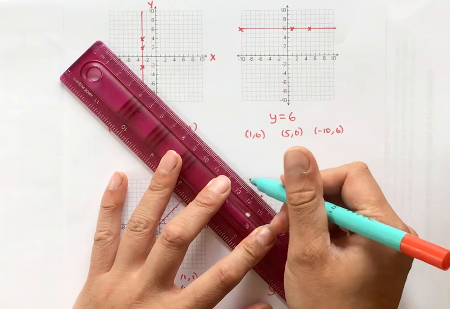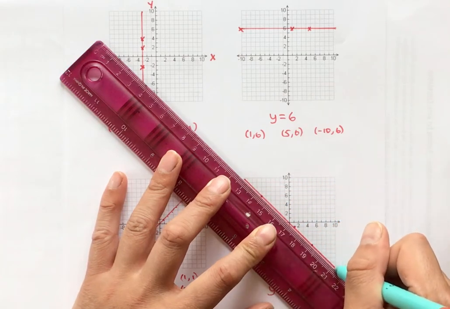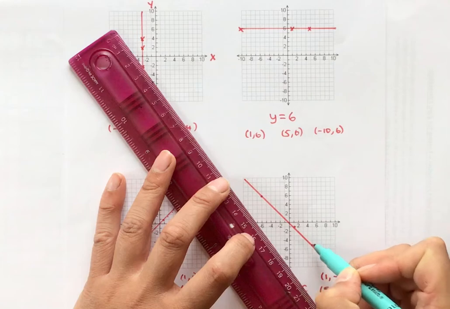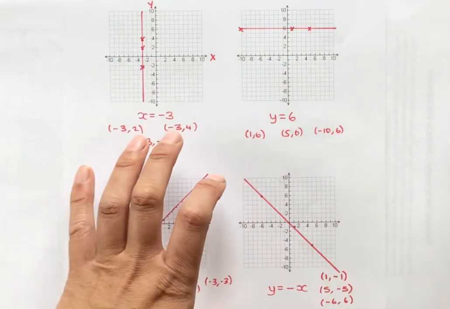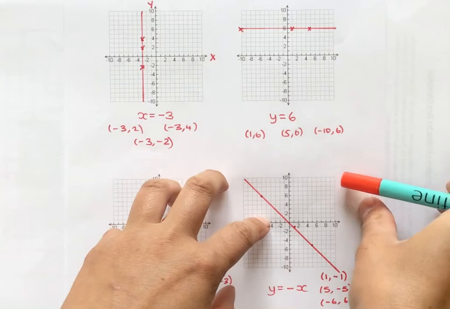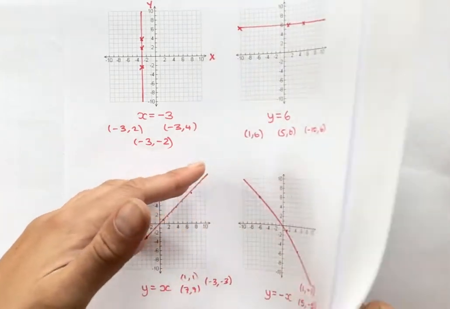So it has a gradient of -1. And again, it goes neatly through the corners of every square. So those are the types of lines that you need to be able to draw to use as your mirror lines when we're reflecting.